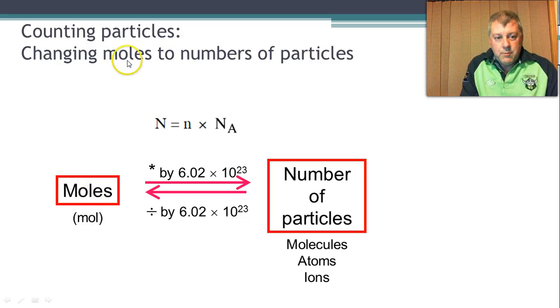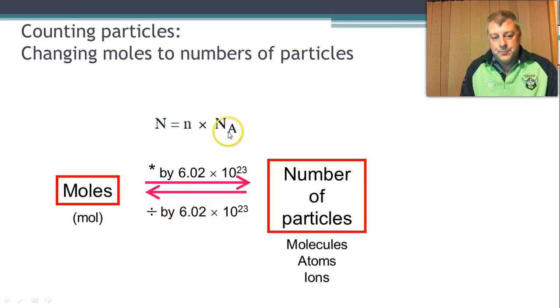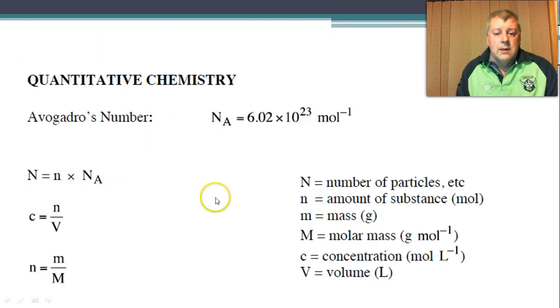If we want to go from moles to number of particles, we multiply by Avogadro's number, and we get the number of particles. Those particles could be molecules, atoms, or ions. If we want to go the other way, number of particles to moles, we divide by Avogadro's number. That's just a rearrangement of that formula, remembering that it's on our information sheet.